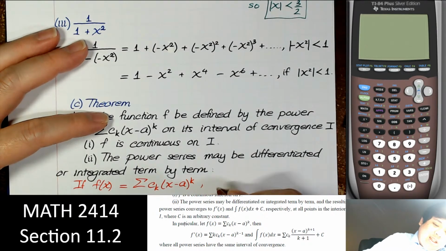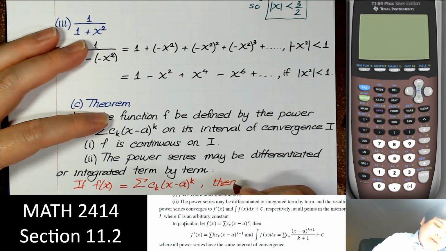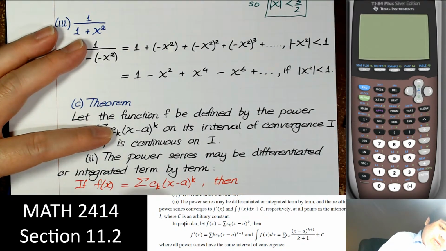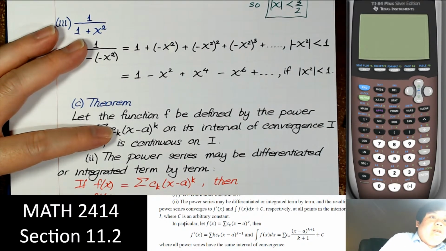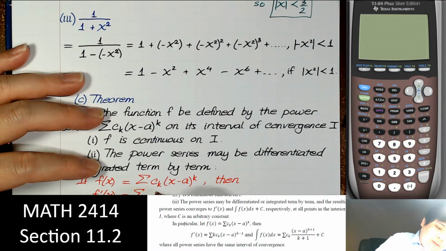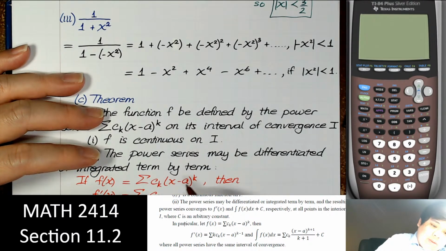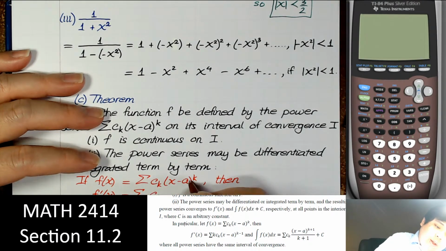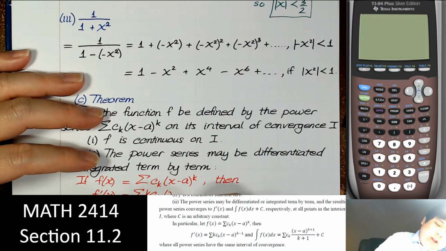If that is the case, then when we take derivative, just take derivative of this. Bring down the k, right? And then we have x minus a to the k minus 1.